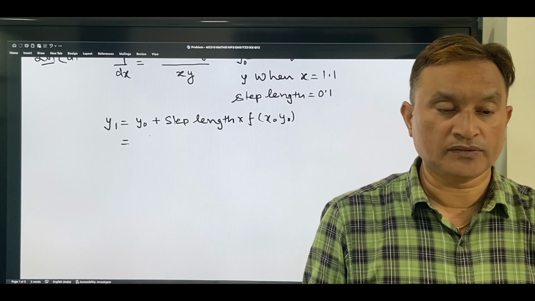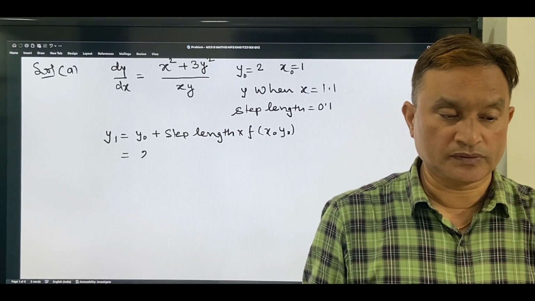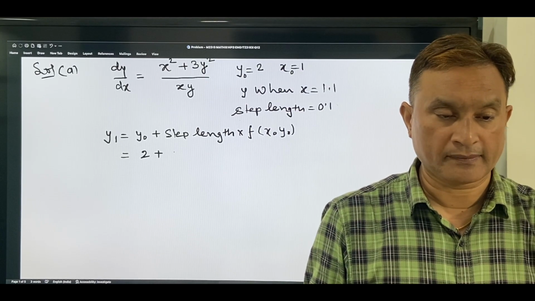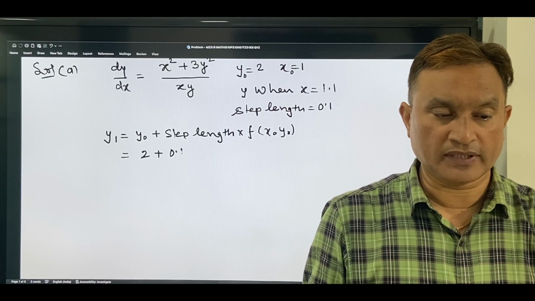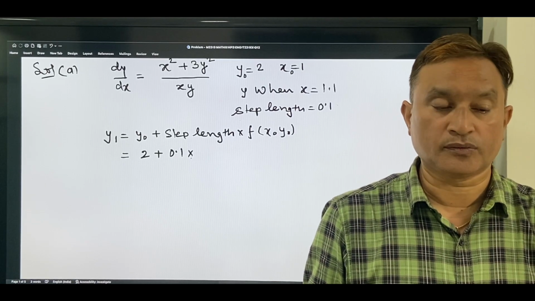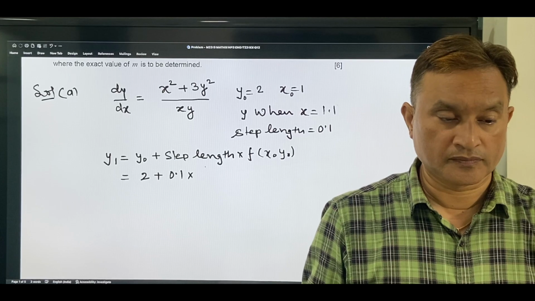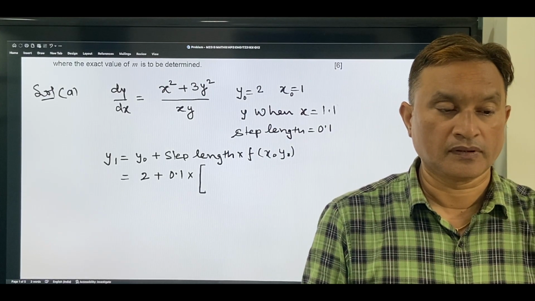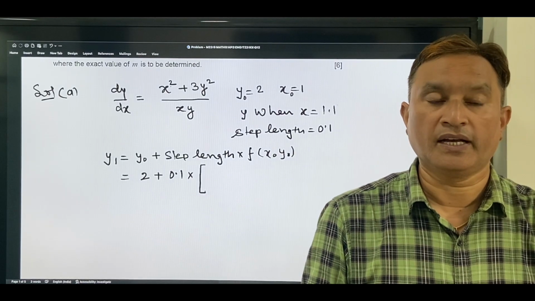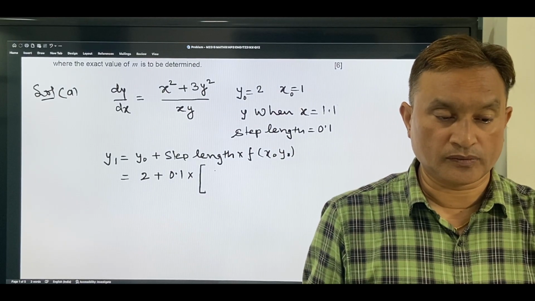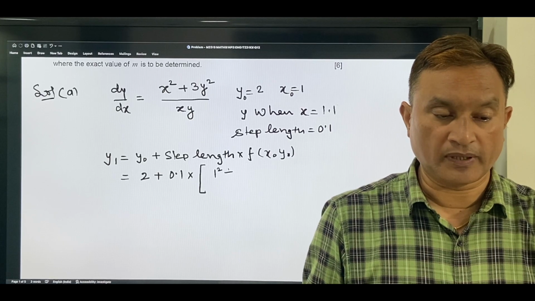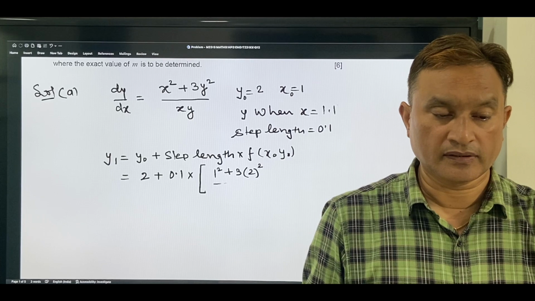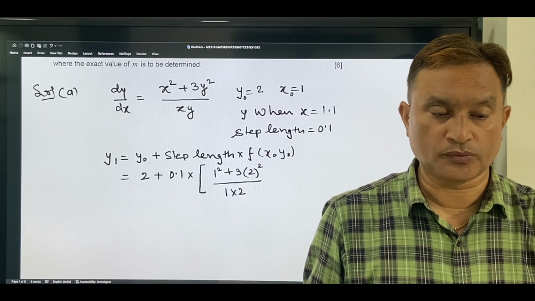We have the value of y0, which is 2, plus 0.1 into, so that is x square, so 1 square plus 3 into 2 square upon 1 into 2.